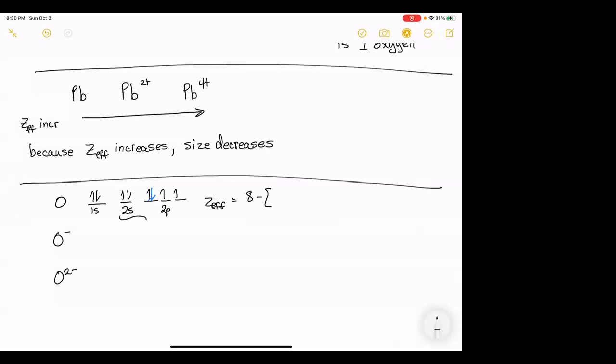Because all of these are in the same shell, that's a 0.35 for them, and because this is in the N-1, that means that it's going to be a 0.85 for those. So we have 1, 2, 3, 4, 5. We have 5 times 0.35, plus we have 2 times 0.85.